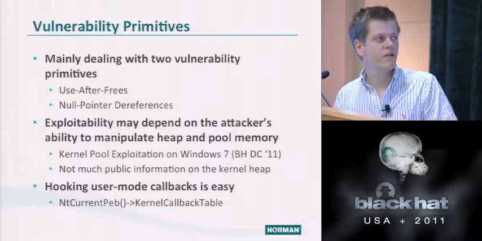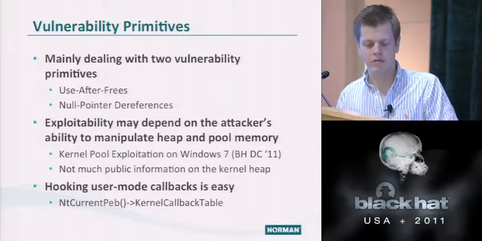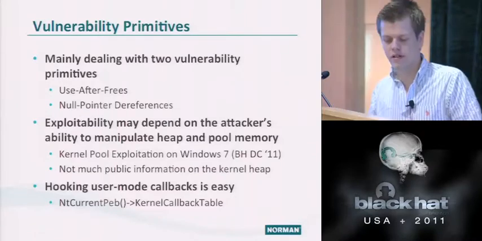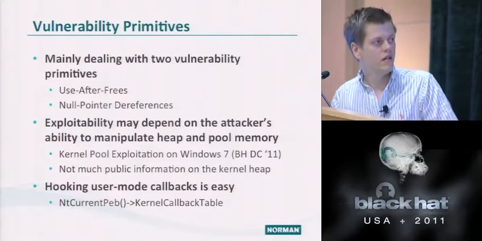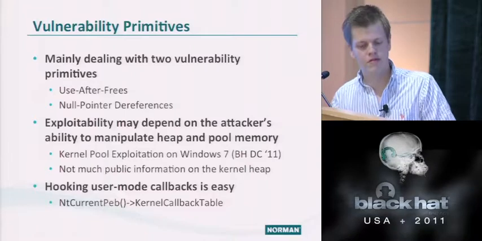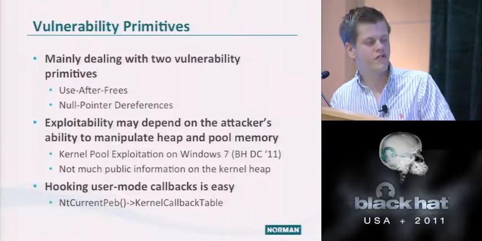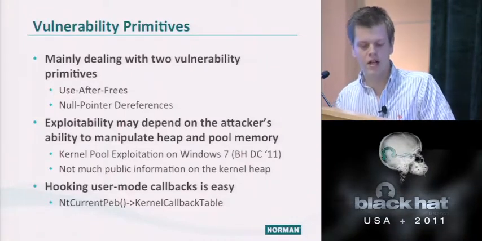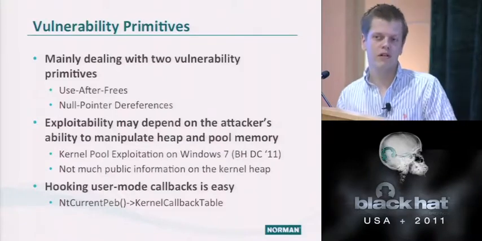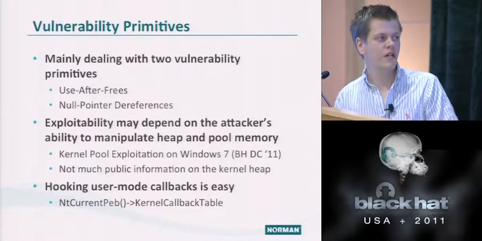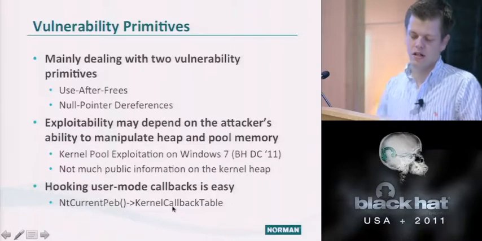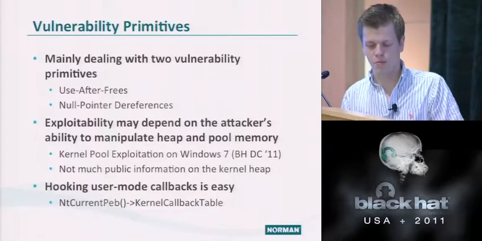My previous research was on the kernel pool, so if you're interested in how to manipulate the kernel pool, you should read that. There's not much public information on the kernel heap, so we'll briefly look at how that works. And for reference, whenever you invoke a callback, you can easily hook the functions because you have the pointer stored in the PEB, so you can just replace the pointer and do whatever you like.